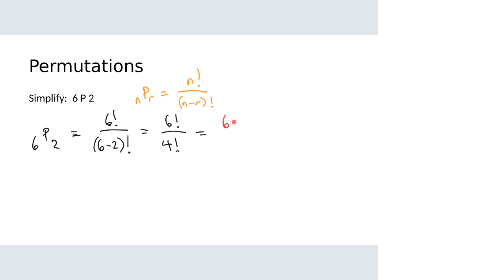I'll have 6 times 5 times 4, 3, 2, 1 on the bottom. Those cancel. 6 times 5 is 30. Like I said, doing these by hand with the canceling is not really a burden. So if you want to use a calculator button, great, but you don't have to. Does anybody have questions about what we've done here with permutations before we move on to combinations?